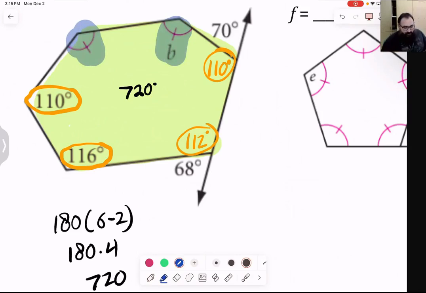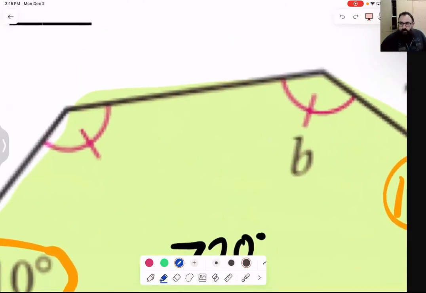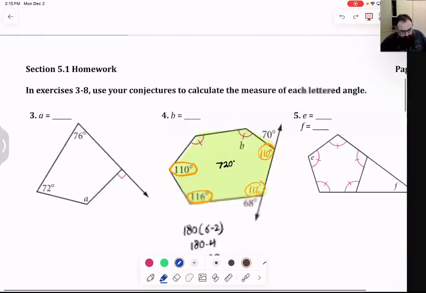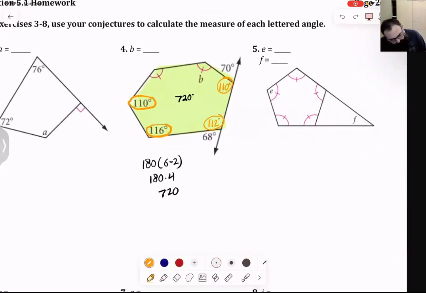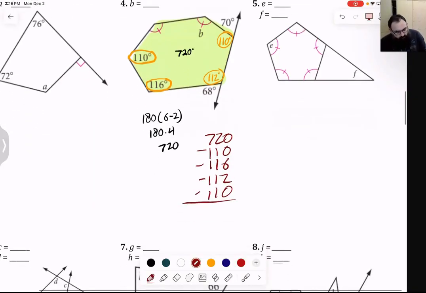How? So notice something with the markings. What do you notice about those markings? They're congruent. So if we know that the whole thing is supposed to be 720, but we subtract off what we know, so I know 116, I know 110, I know 112, I know 110 again, what I'm left with is 272.